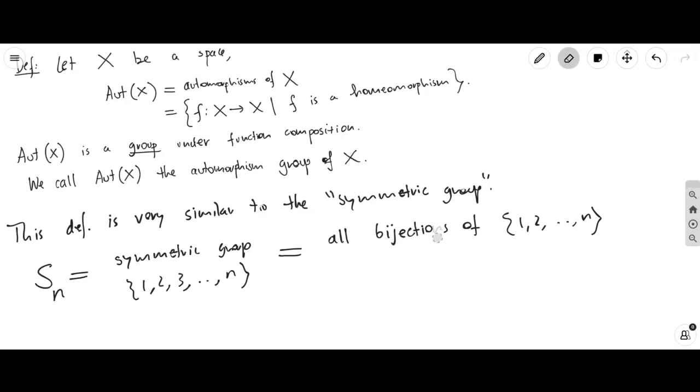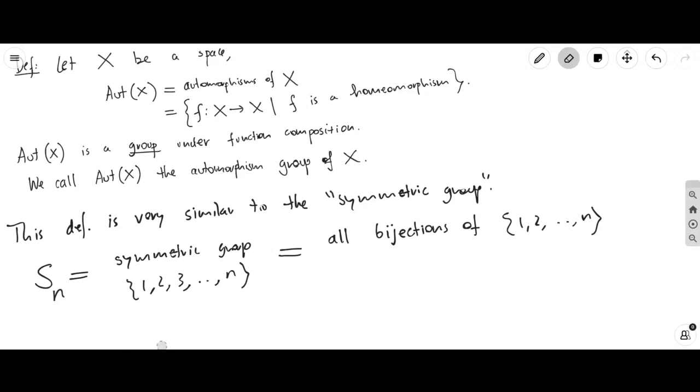You see, it's very similar to a homeomorphism, except when you're talking about the symmetric group, this is a discrete set of items. So you're not worried about topology or anything like that. But if you have a topological space, then it makes sense that you want all of your bijections to also preserve the topology. So you want them to also be homeomorphisms.